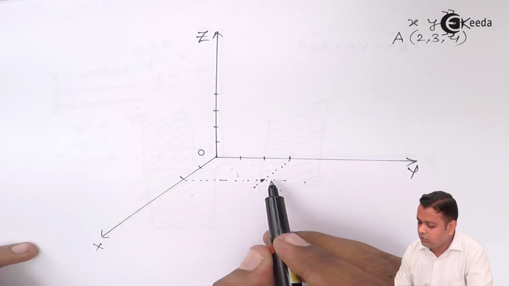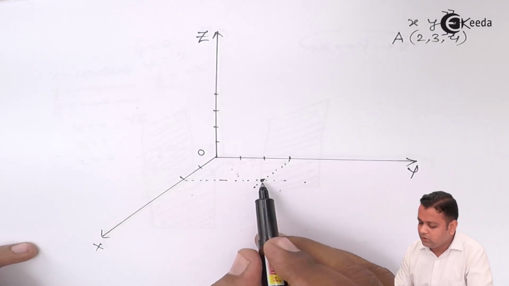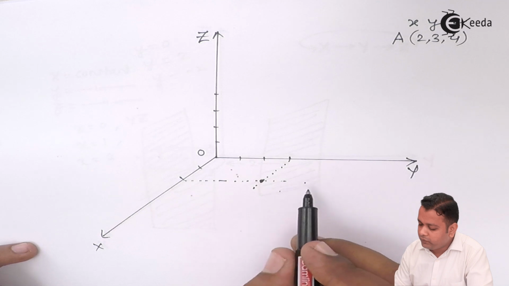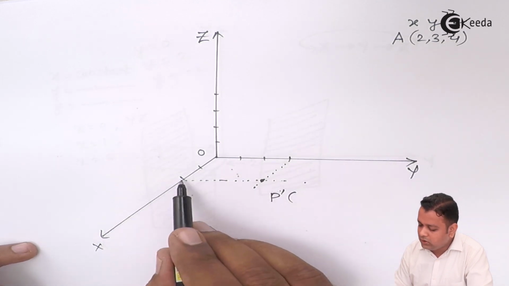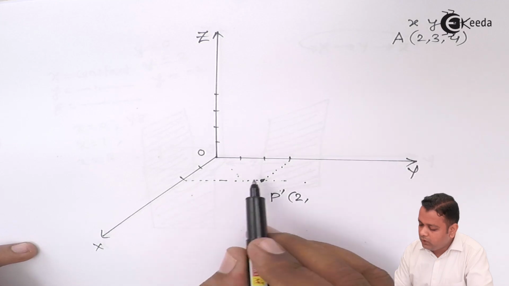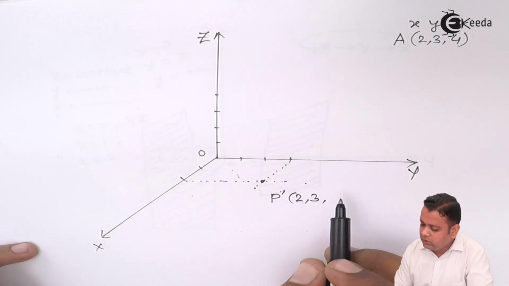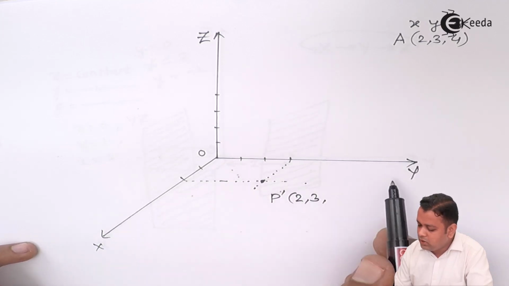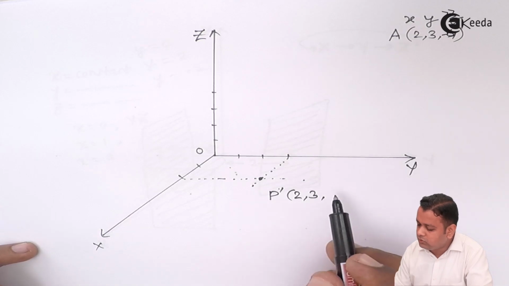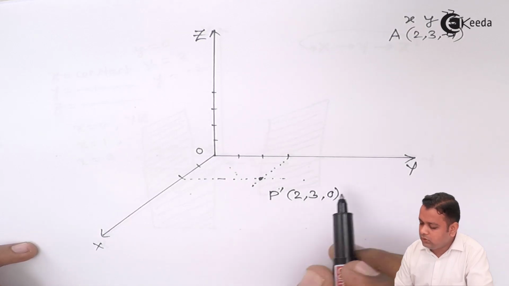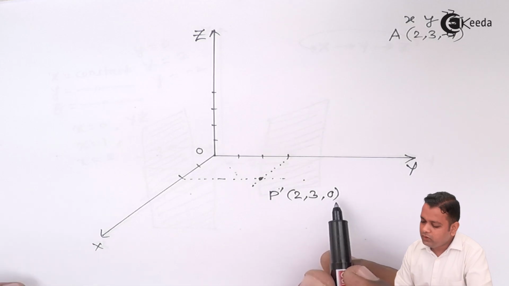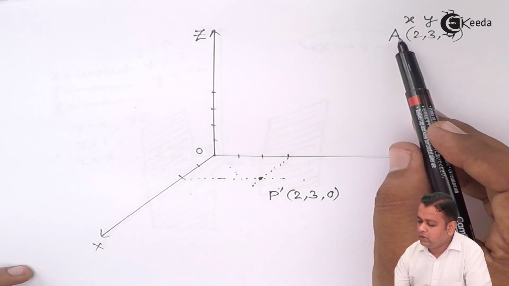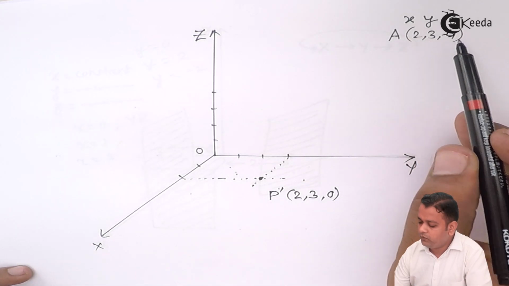This is the intersection point. This point lies in the xy plane, so I can represent it as P dash. It has x coordinate 2 units, y coordinate 3 units and, as it lies in the xy plane, z is equal to 0. So P dash has coordinates 2, 3, 0. Now we want the coordinates of A as 2, 3, 4.